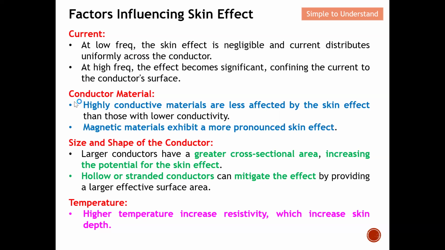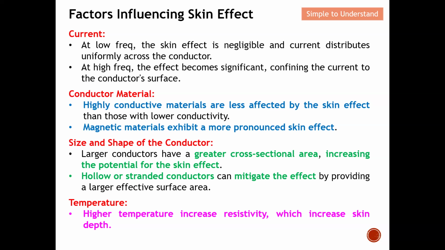Let's come to the conductor material. Highly conductive materials are less affected by the skin effect than those with lower conductivity. One thing I want to highlight here, I hope you still remember, the wire actually represents a resistor together with an inductor. If the conductivity is bad, the R will become a very big number and you may have some issue with the skin effect.